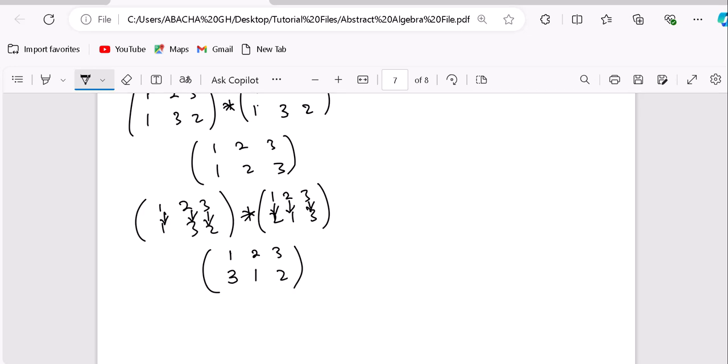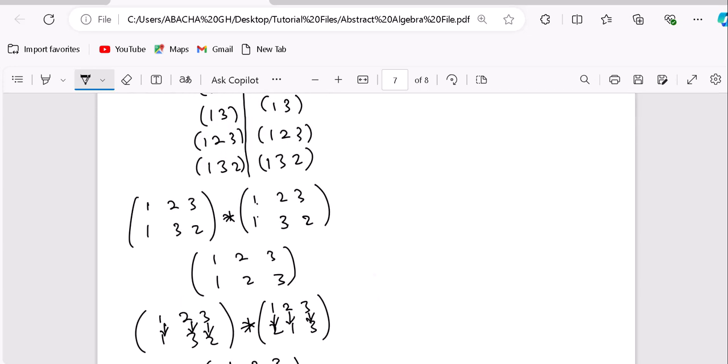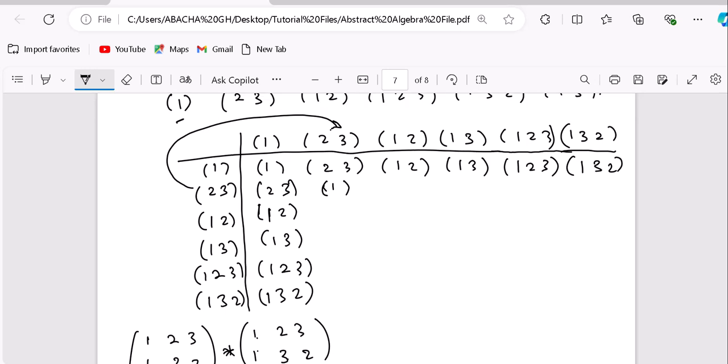Writing this as a cycle, we have (1 3 2) as the answer. So this is how we compose. I'm going to cut it here. Now that you know how to compose, I'll fill the table, then we'll come back and check.